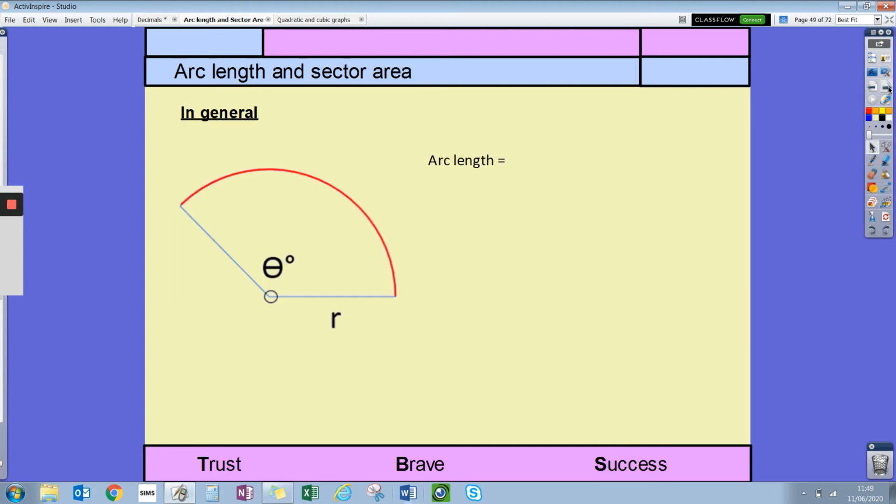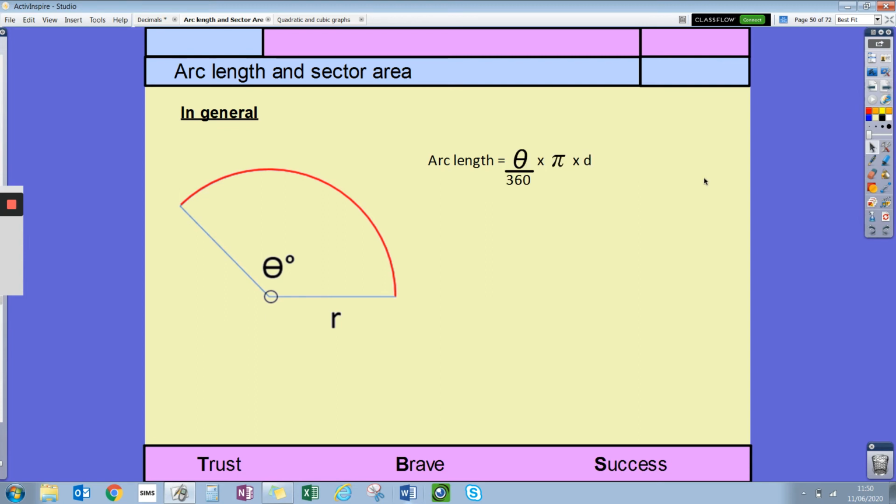We're now going to make a general rule like we have before. So again, arc length, remember we've always used pi times diameter, and then we want the proportion of the full circle. So we want the angle out of 360, which in maths we generally use the letter theta for.